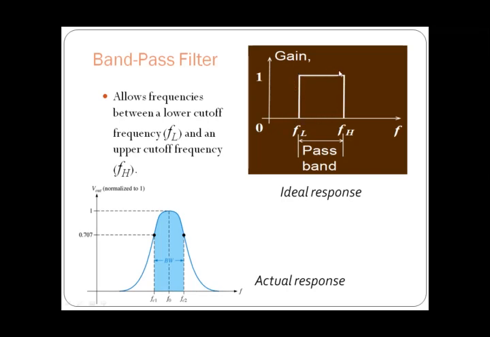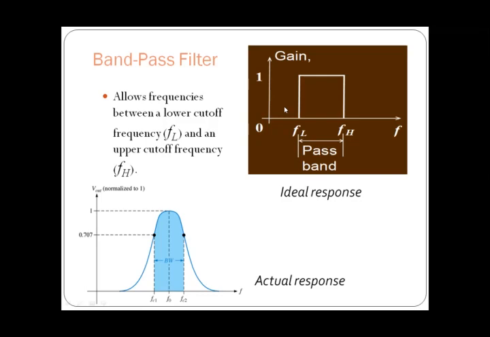So this is the ideal response. The frequencies between FL and FH will have the highest gain, that is 1, and the frequencies above FH have gain 0, and frequencies below FL have gain 0.